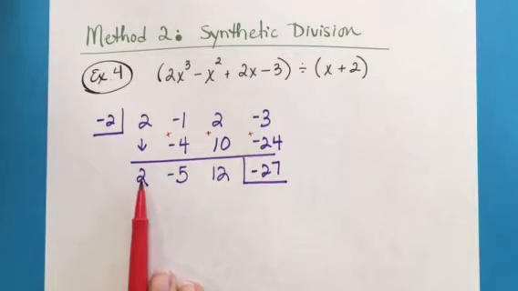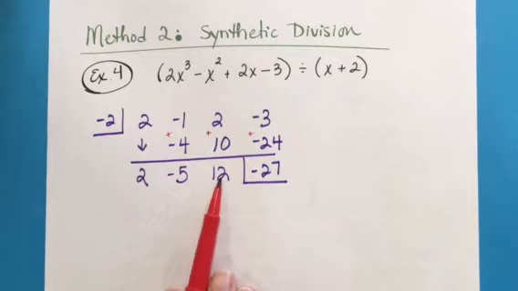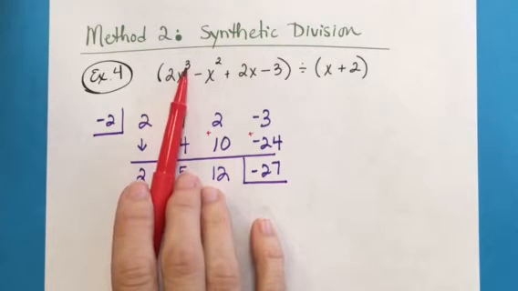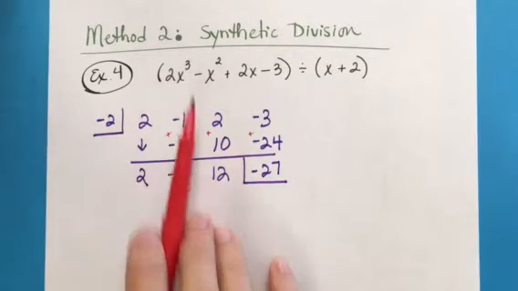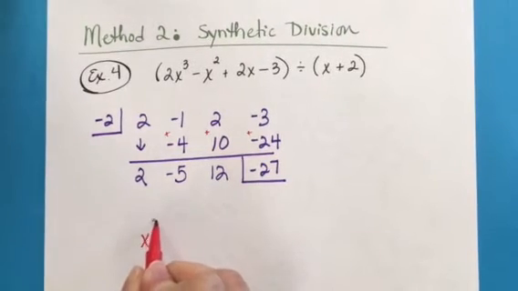You're going to use these numbers as your coefficients and your constants. But you always start out with one less power than what the problem is. So the power of this dividend was a third power. So I know that my answer is going to be a second power. I know the first term is just going to be an x to the second, okay?